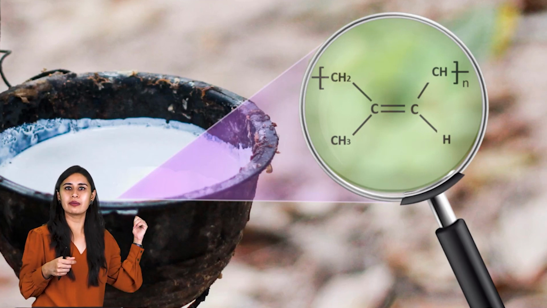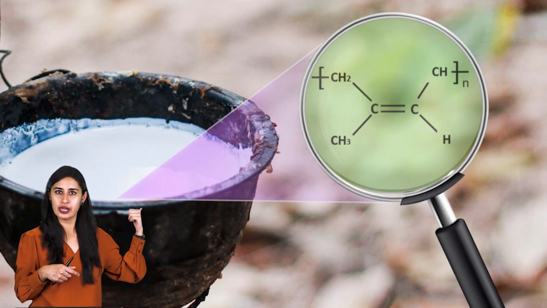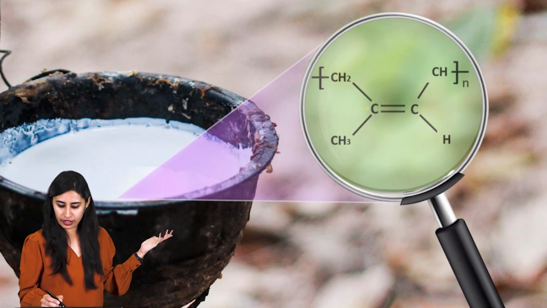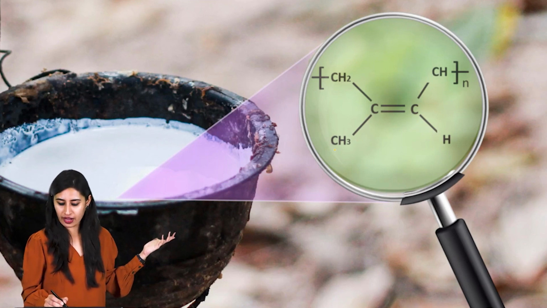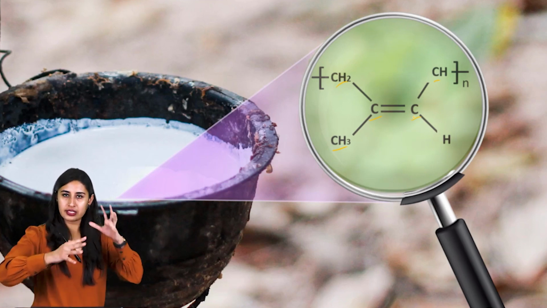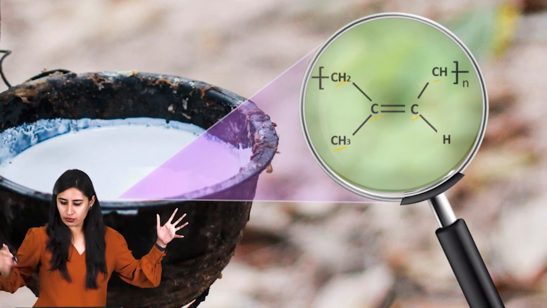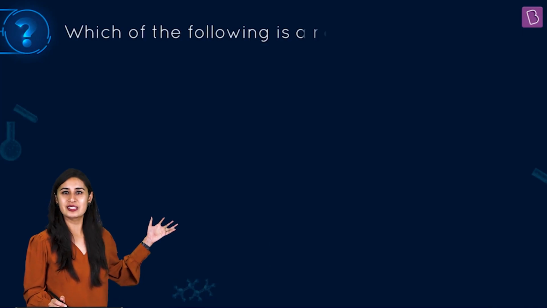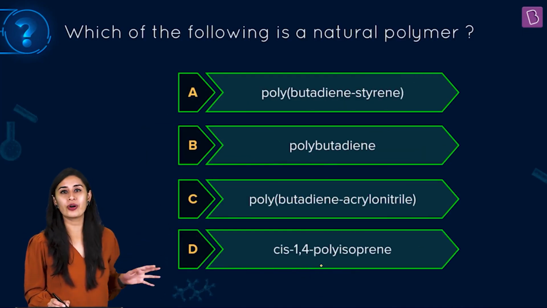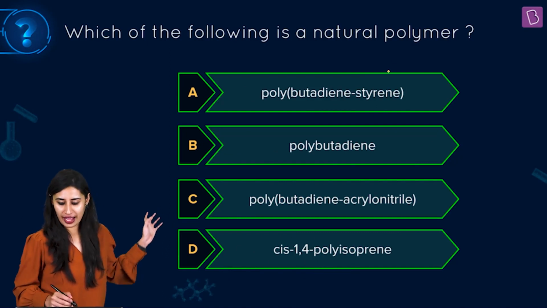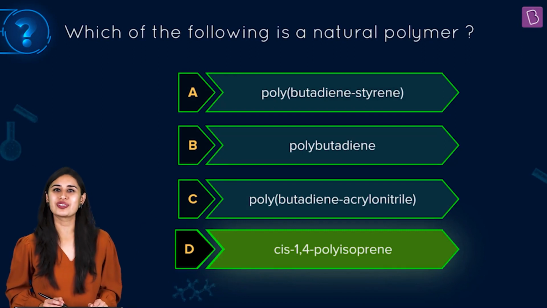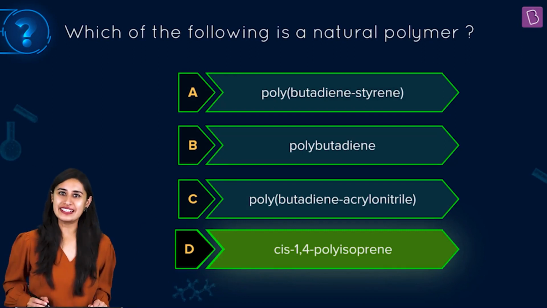So it's a cis isomer, and you can see it's a cis isoprene. 1, 2, 3, 4, 5 carbons is what you can see, right? And this is the monomer. The repeating unit is what is called cis polyisoprene or cis-1,4 polyisoprene. So the natural rubber is of course D. So the right answer to this question is option D.